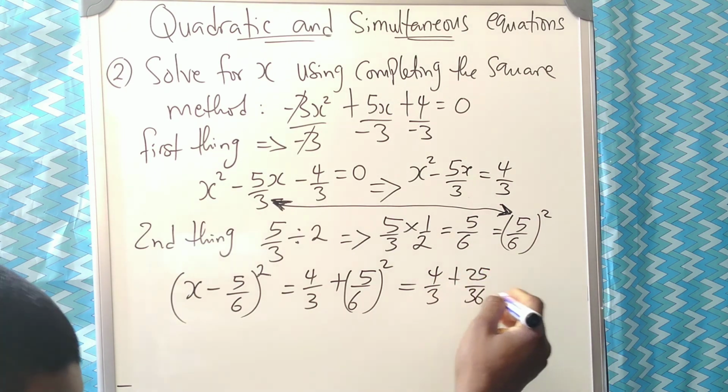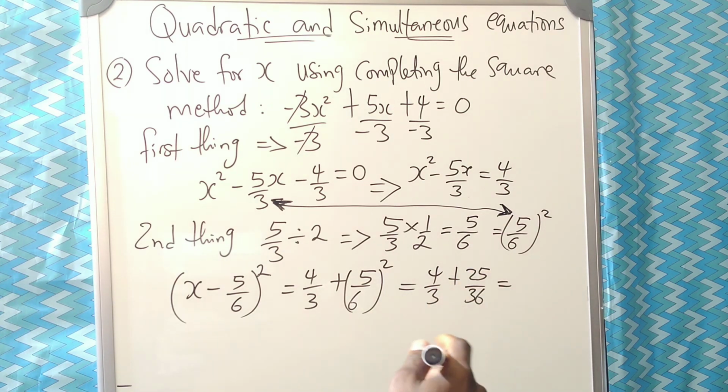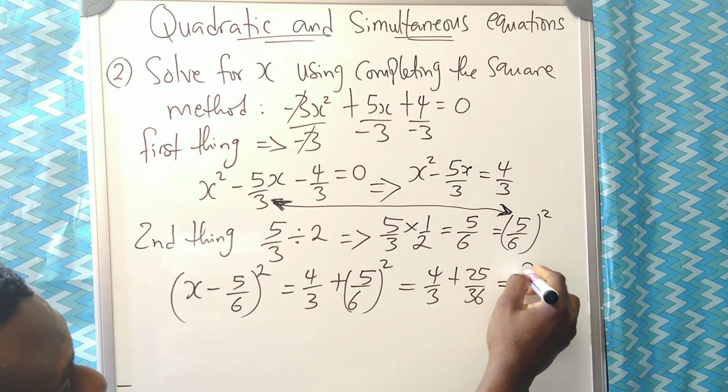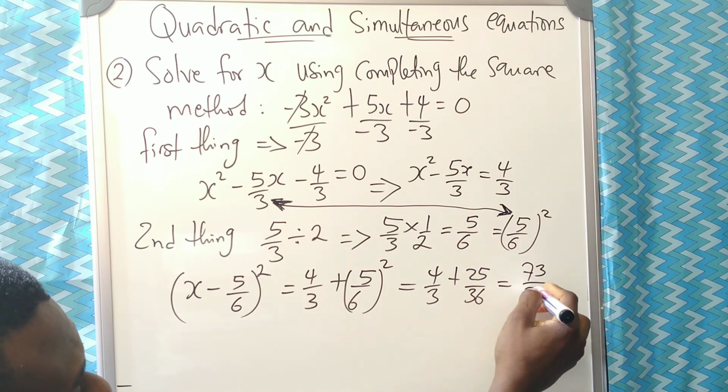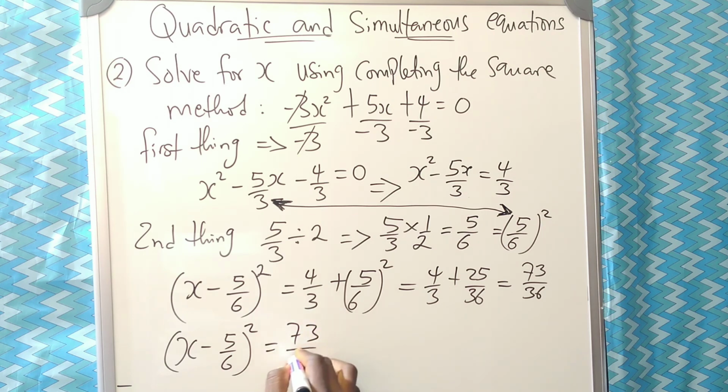Very simple. We find the LCM like the normal thing, and we're going to have 73 over 36. Let's bring them together. So we have x minus 5 over 6 altogether squared equals 73 over 36. I hope you are following. Yes, it's not a long process, but it looks like that.